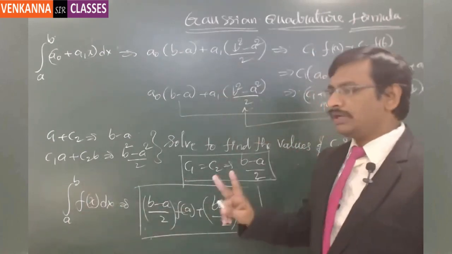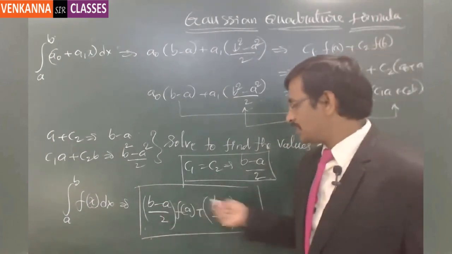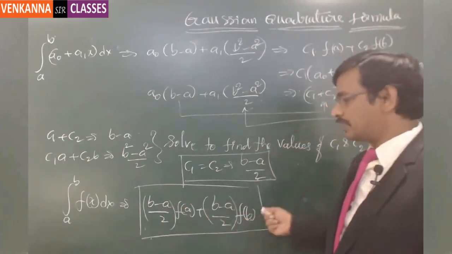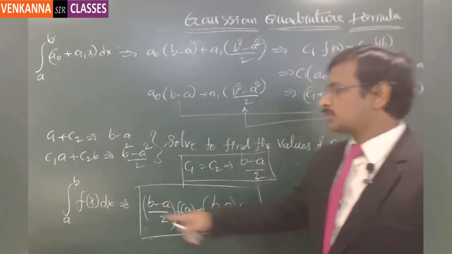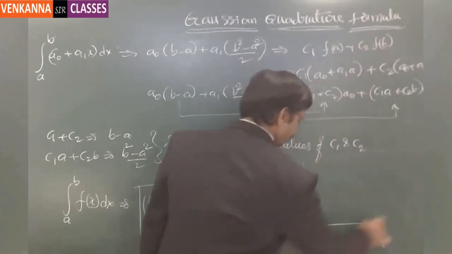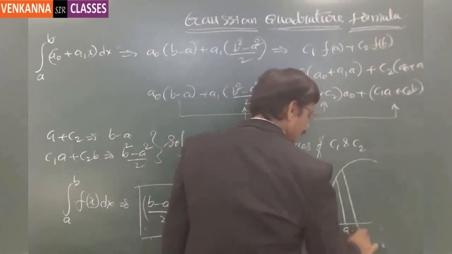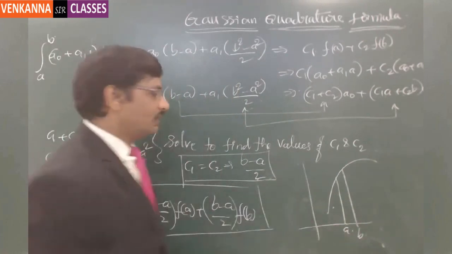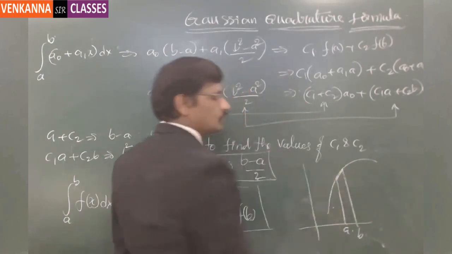So at two points, that is a and b, with a weighted multiplication of the factors b minus a by 2 and b minus a by 2, this will straight away give the value of the integration, as long as we approximate this f of x as a straight line. So if you try to integrate this function between two points a and b, you are approximating it as a straight line, as if it is a trapezoid.